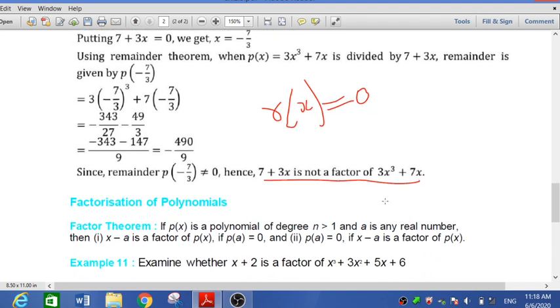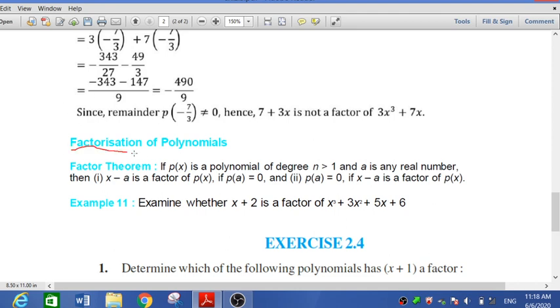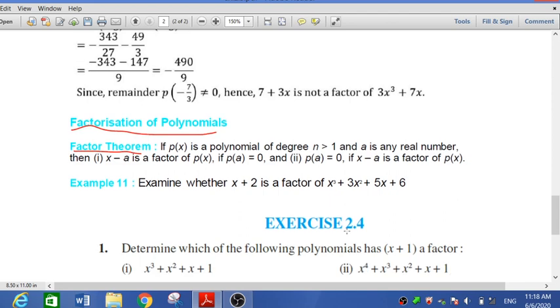So now today we want to discuss more about the factor theorem, or factorization of polynomials. In the factor theorem, if p of x is a polynomial of degree n greater than 1, for example x square plus 2x plus 1, that is one polynomial. Now x minus a is a factor of p of x if p of a is equal to 0.